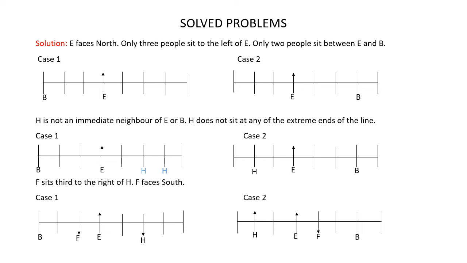Now it's given F sits third to the right of H and F faces south. So in case 1, if you consider the position of H is this one, then if H is facing north, there are no places third to the right of H. Supposing H faces south, then third to the right of H will be this position, which is already occupied by E. So F cannot sit here.